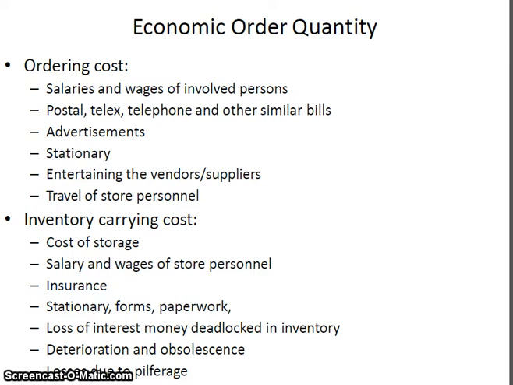Advertisements means you are posting a tender for supplying the material. Then stationery, entertaining the vendors or suppliers, which are administrative expenses, and travel of store personnel. All together we call it ordering cost.